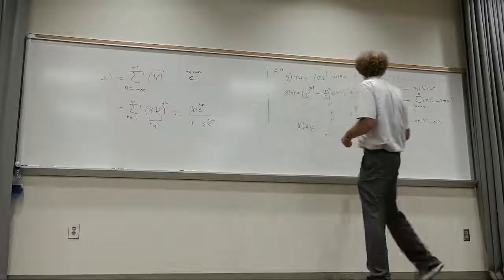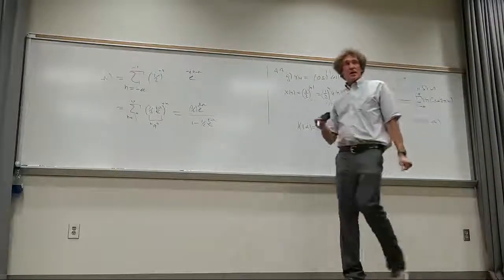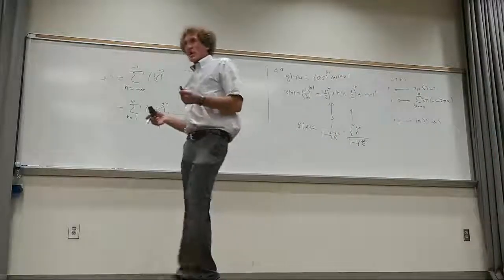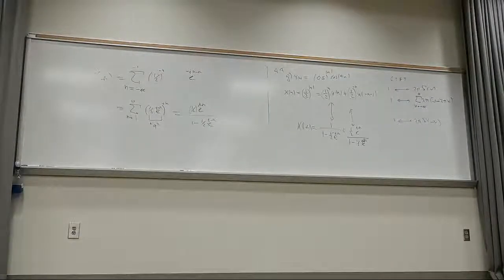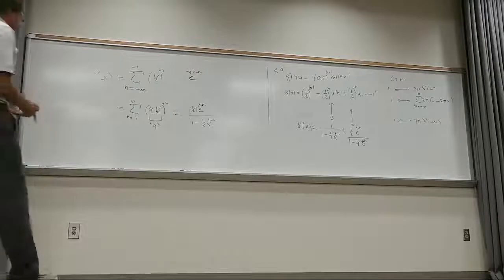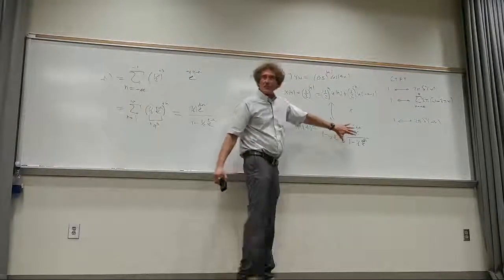Now, I've got it multiplied by this cosine of 4n, right? Omega naught is 4. Do you all see that? The coefficient of n inside the cosine argument is 4. Omega naught is 4. So you simply do this. You take this functional form right here.